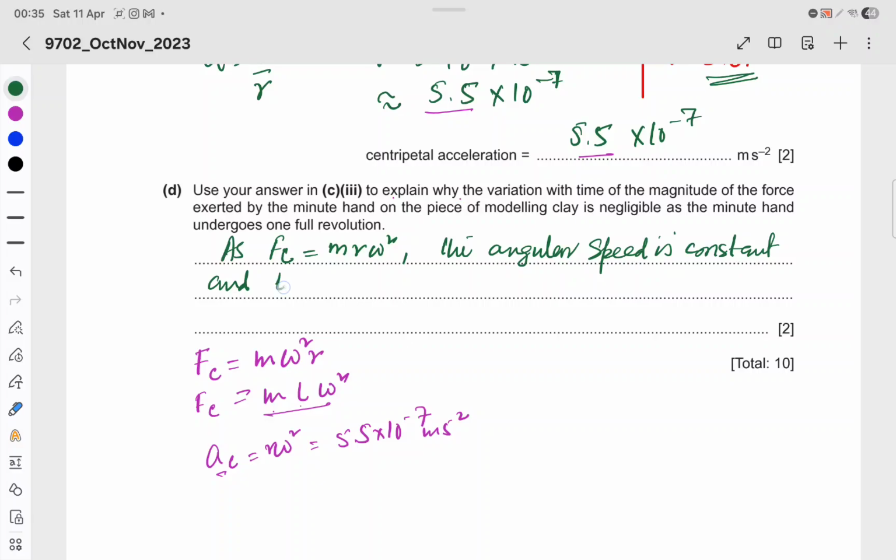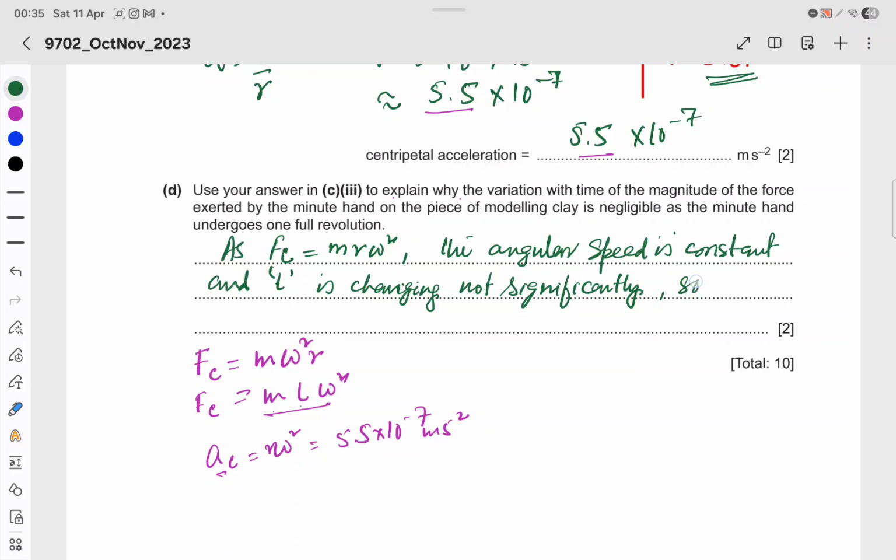And the L, which is the distance, right, is changing, not significantly, right? It's not changing significantly.